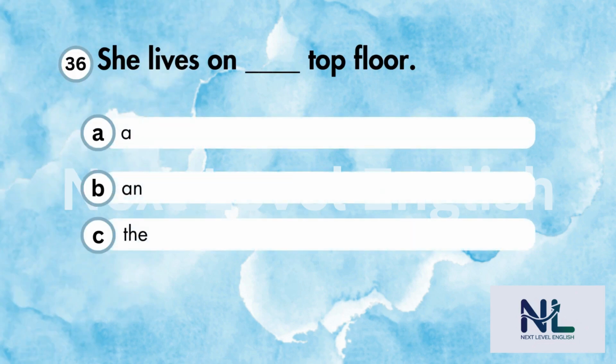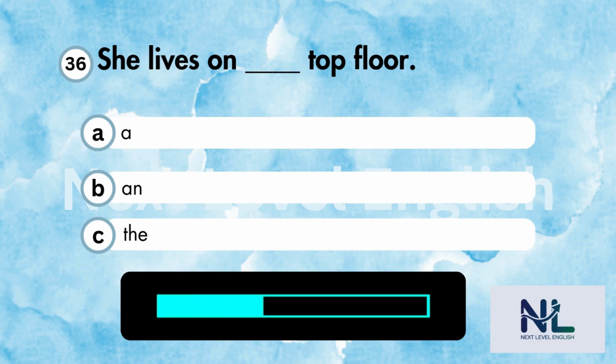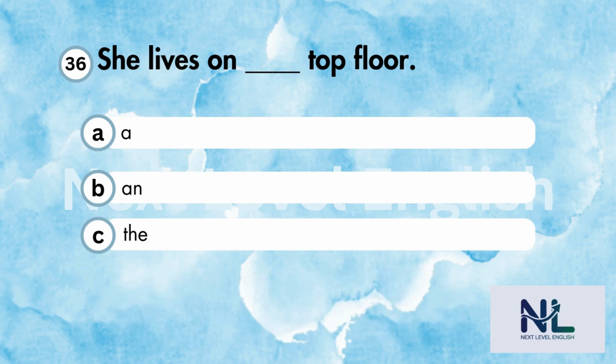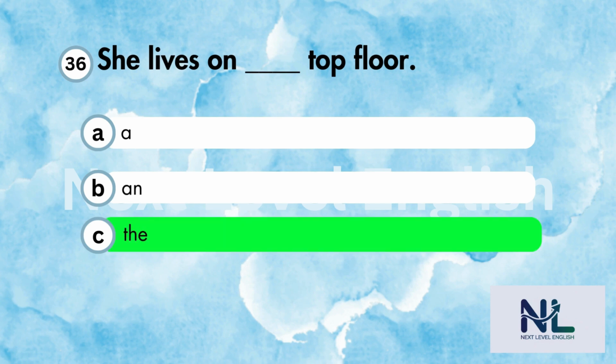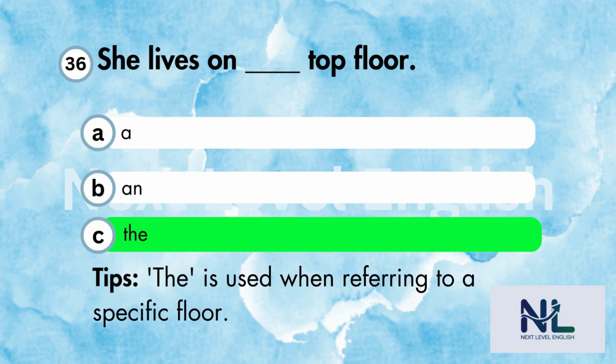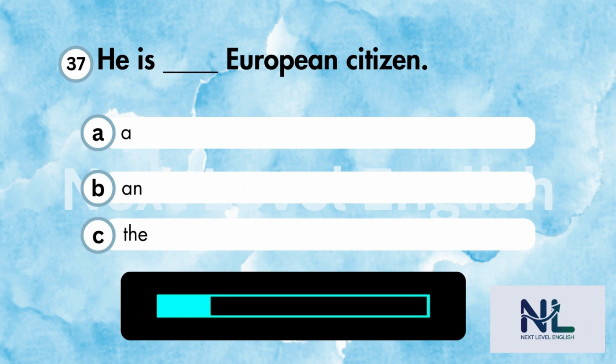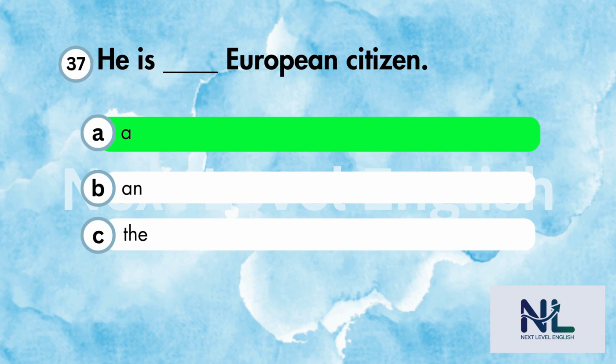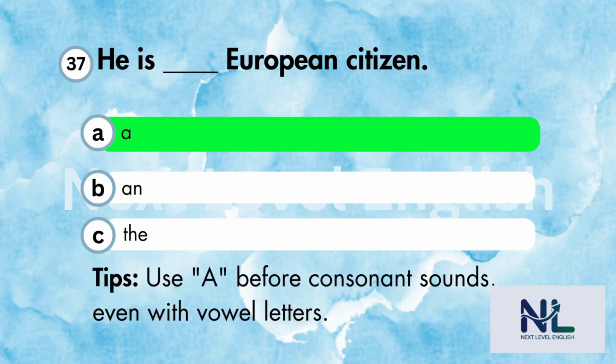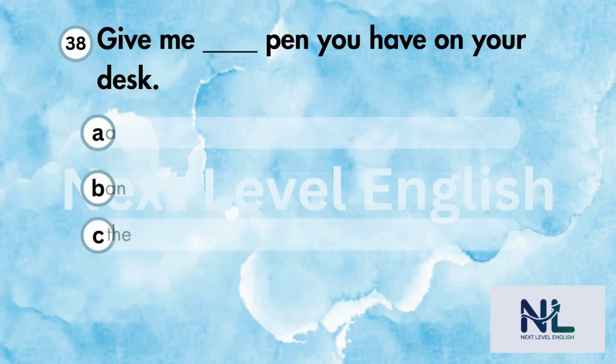36. She lives on the top floor. The. Tips: "the" is used when referring to a specific floor. 37. He is a European citizen. Tips: you say "a" before consonant sounds, even with vowel letters. 38.